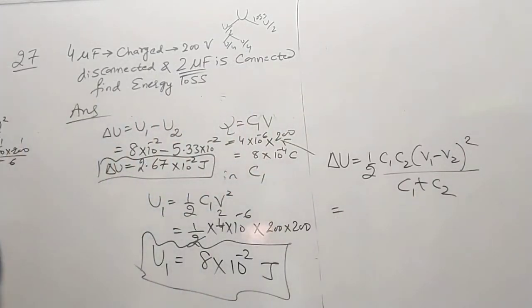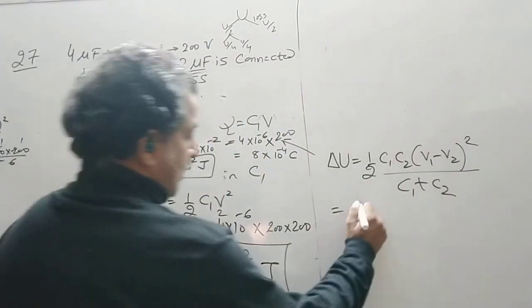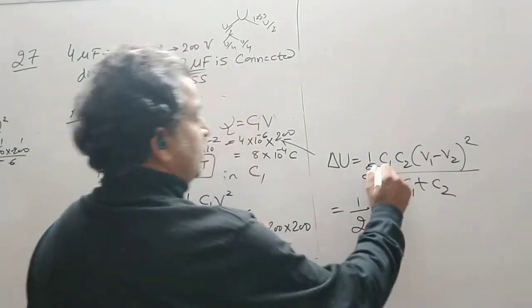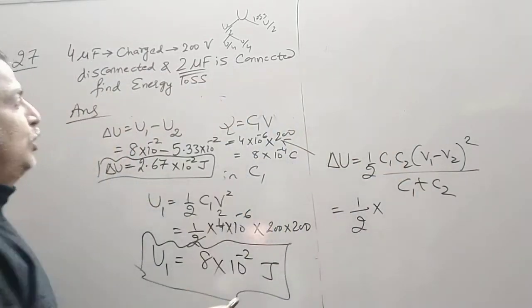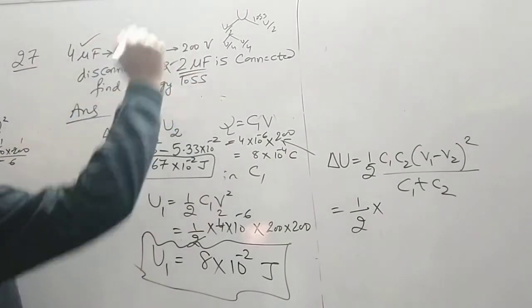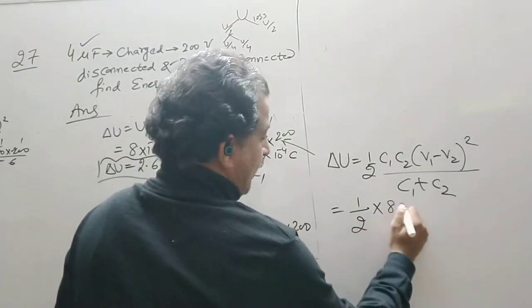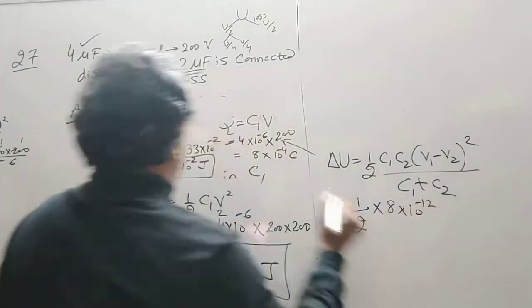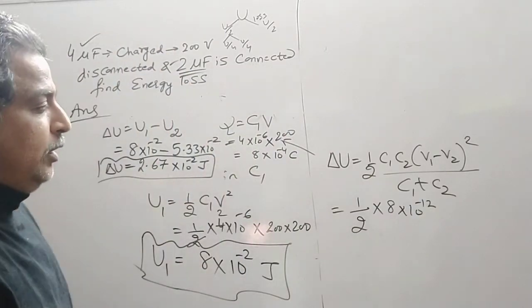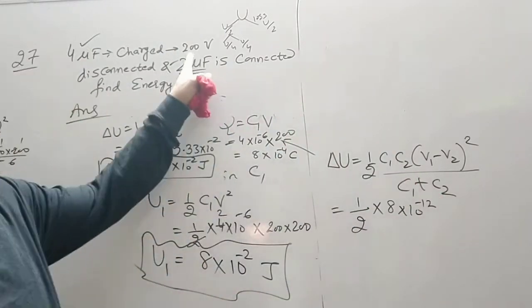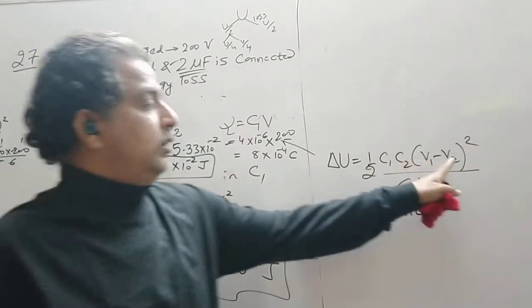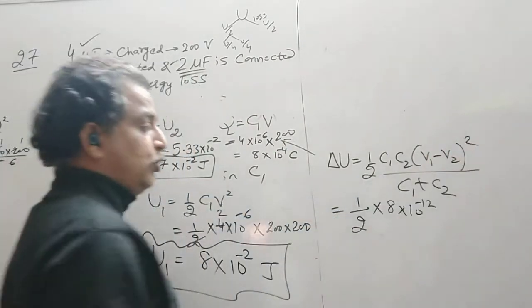So directly you can apply this formula, that is half into C1 C2. One value was 4, one is 2, so 4 into 2, 8 into 10 raised to minus 12. V1 is 200; C2 was not connected to the battery, so V2 is 0.